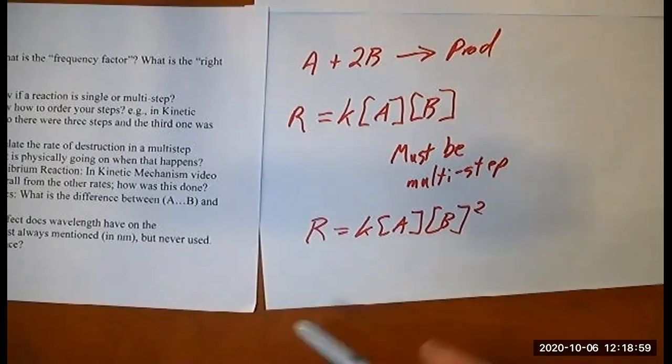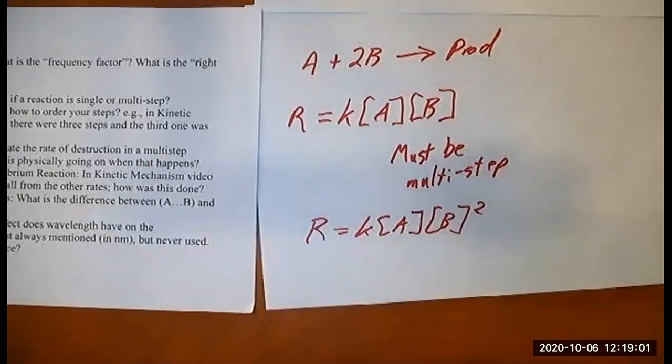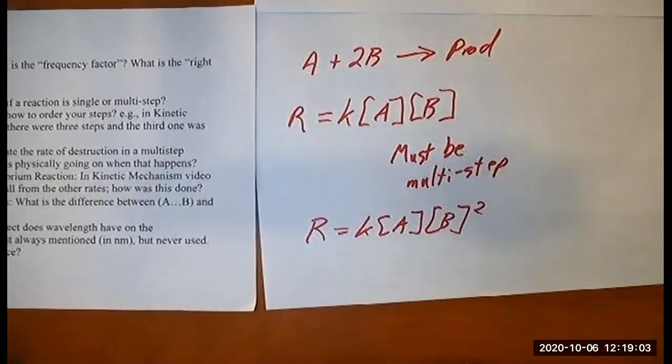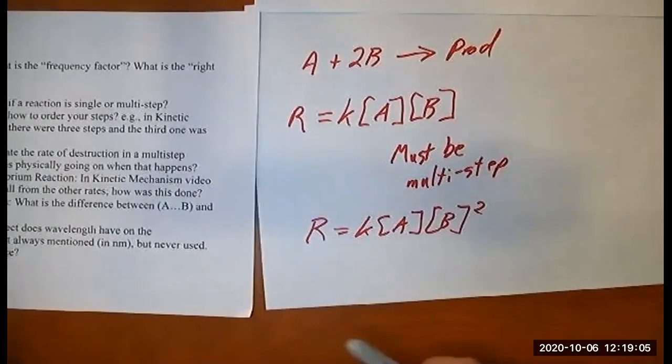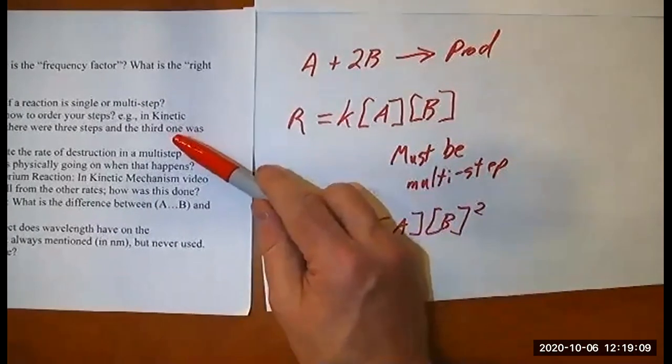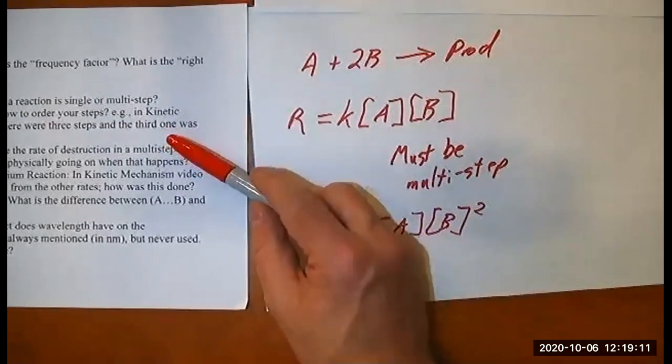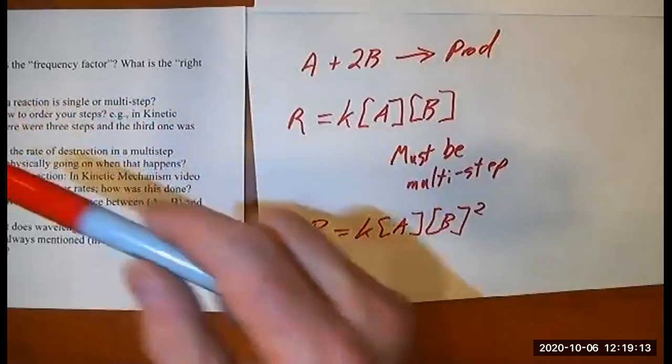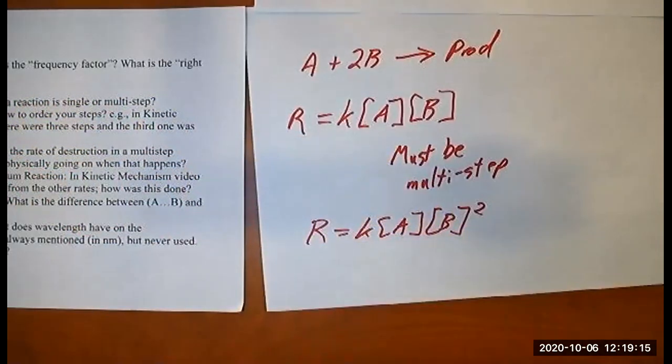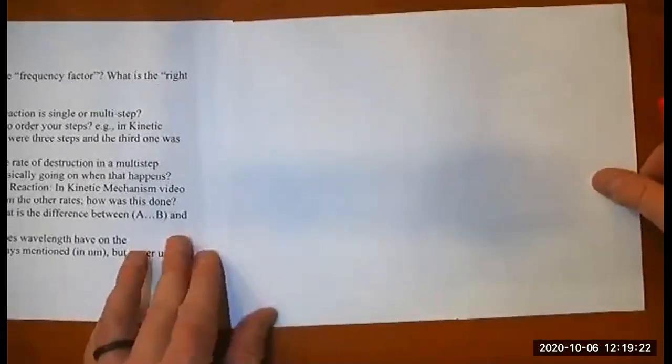Okay. How do you know how to order your steps? Honestly, I think this question was asking something slightly different from what it sounds like. When you write down a reaction mechanism, there isn't really an order to it. It's just, these are the things that are happening.